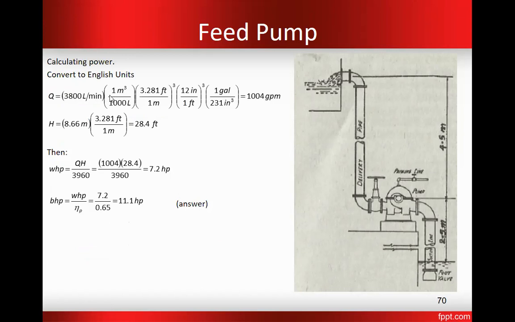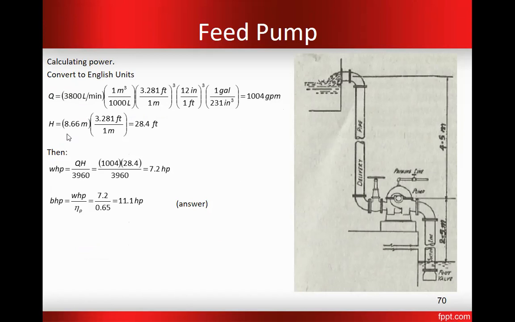And calculating power, so available natin is QH over 1060, so convert this to English units. Q is 3,800 liters per minute times 1 cubic meter per 1,000 liters times 3.281 feet per meter cubed times 12 over 12 inches per 1 foot cubed times 1 gallon over 231 cubic inch, which is 1,004 GPM.